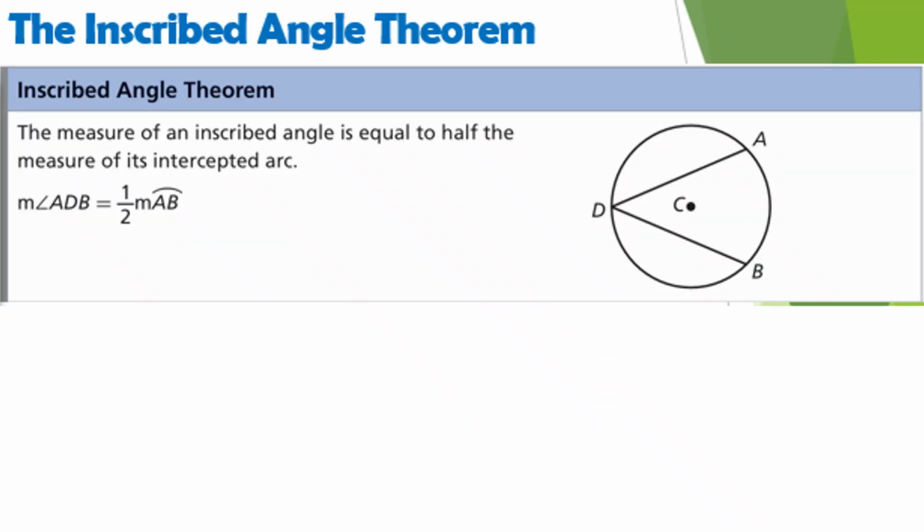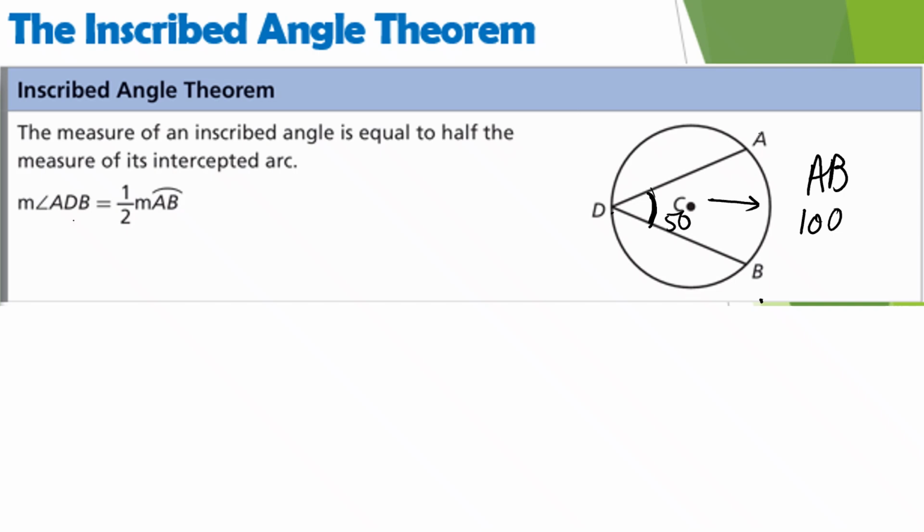Next theorem is about the inscribed angle. Look at this one: angle ADB. You know that it is an inscribed angle. The intercepted arc of this part, AB, is twice the angle, which means the angle is half of arc AB. If the arc is 100, this inscribed angle will be 50.